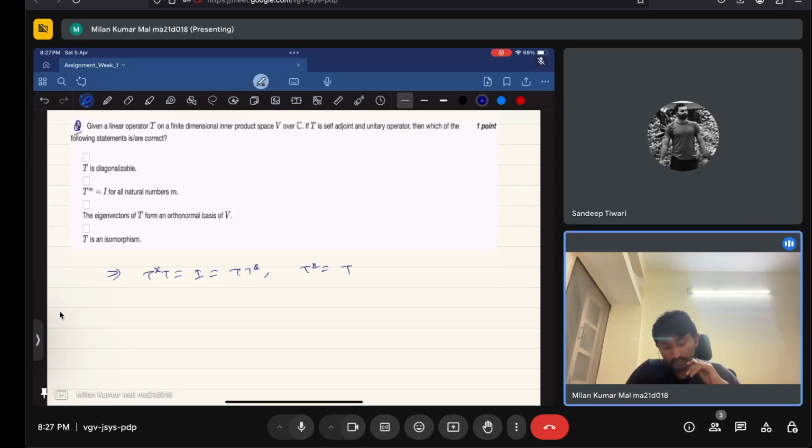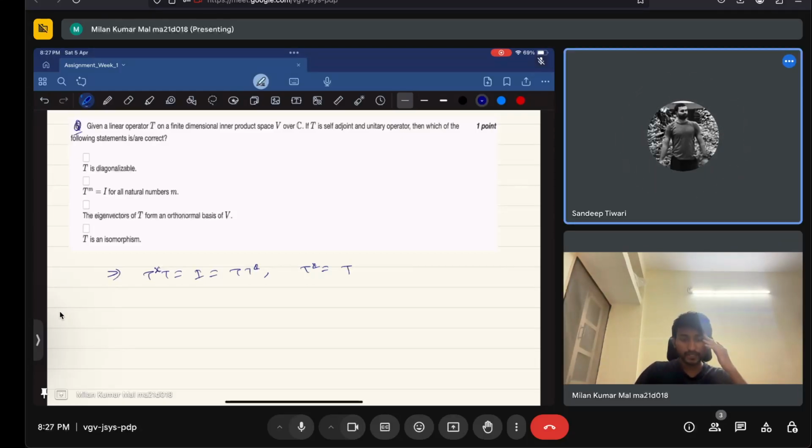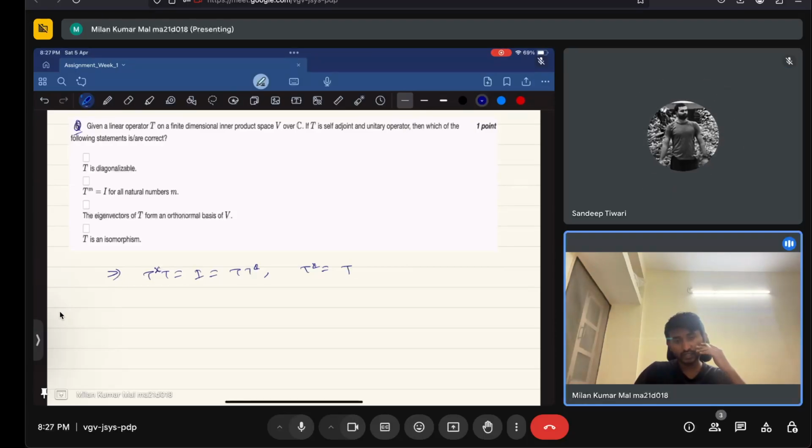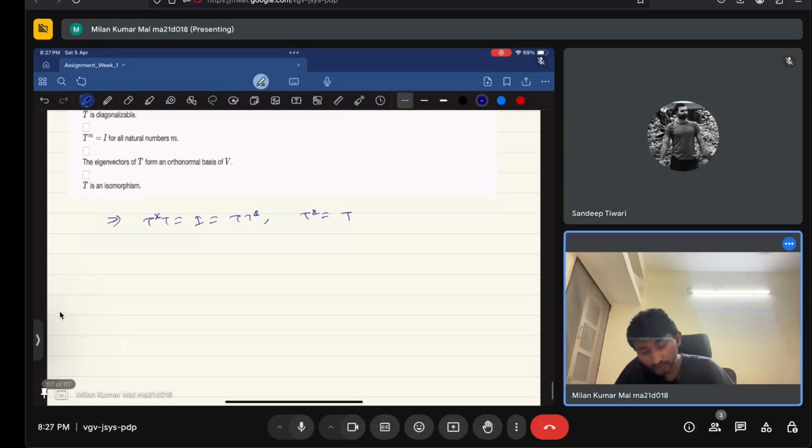T is diagonalizable, that's true, but from where does one say so? There is a theorem: a normal operator is diagonalizable. A self-adjoint operator is diagonalizable, and a unitary operator is normal, so that will be diagonalizable. But I am not able to use those things now.